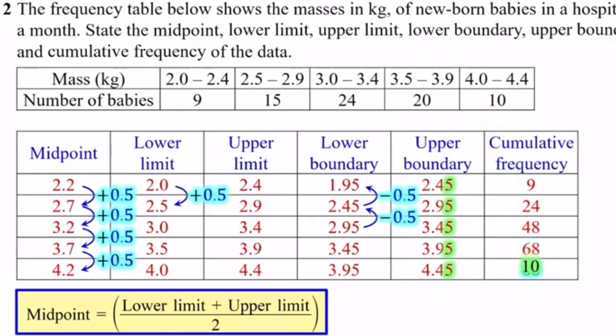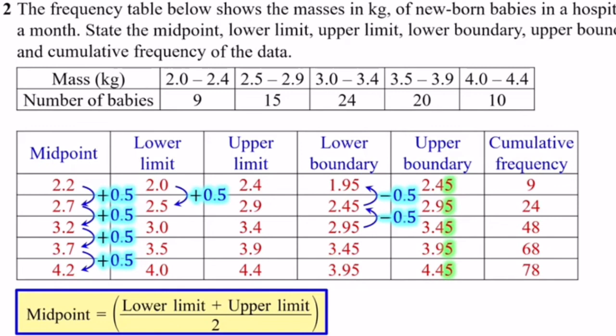So make sure you really understand how the cumulative frequency comes about and the meaning of the cumulative frequency, right? And when you do the cumulative frequency table, you need to make sure you really check the size of the class and also how you find the lower boundary and upper boundary.